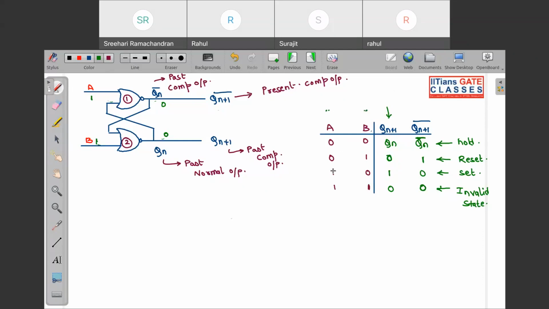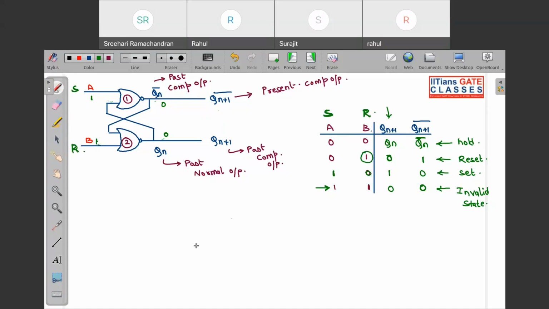You can see A. If I put A equal to 1, except the invalid case, when you put A equal to 1 and B equal to 0, your latch goes to set state. So this A input is set. And which of the inputs, if I apply 1, makes your latch go to reset state? You can see when I apply 1 in B, so this B is reset. So this is the set input, this is the reset input.